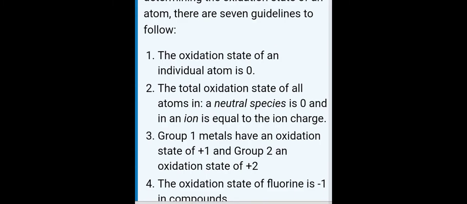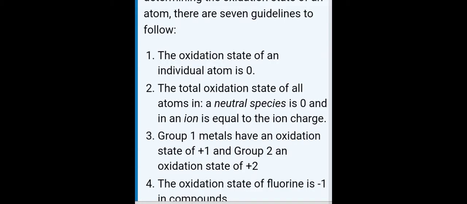Group 1 elements have an oxidation state of +1. The 1A group members like sodium, potassium, rubidium, cesium, lithium all have 1 positive charge, so oxidation state +1. Group 2, beryllium, barium, calcium, are 2 positive because they are in group 2A.